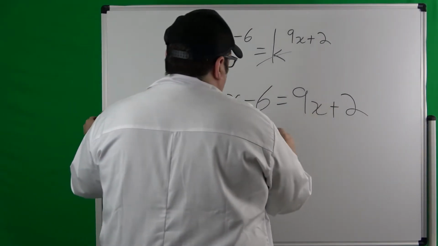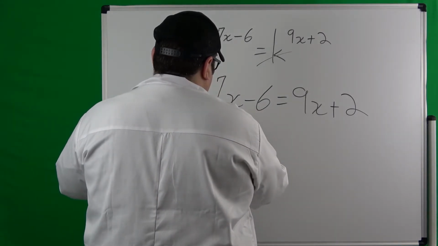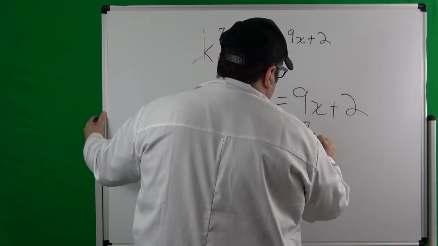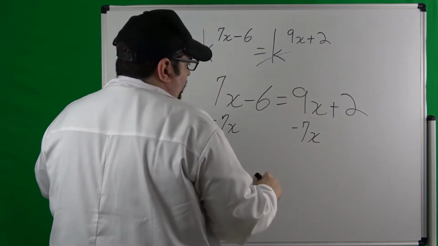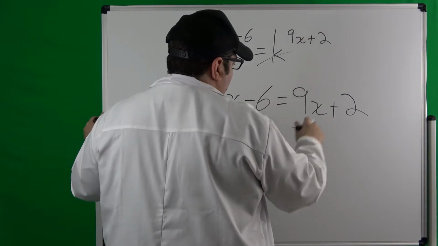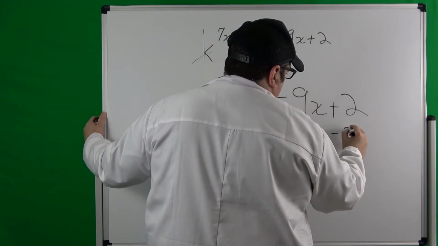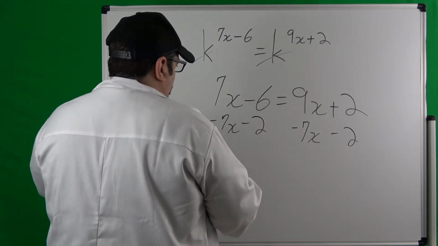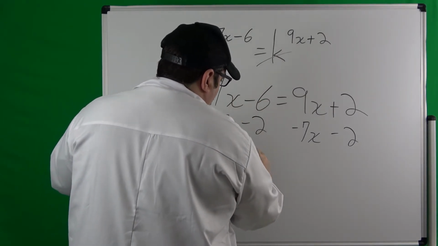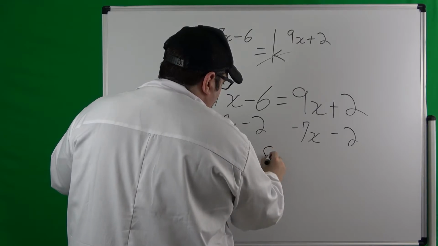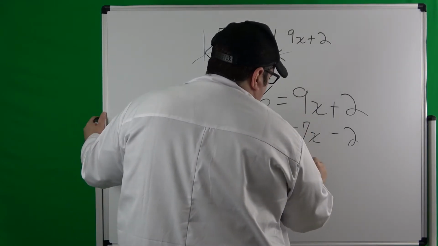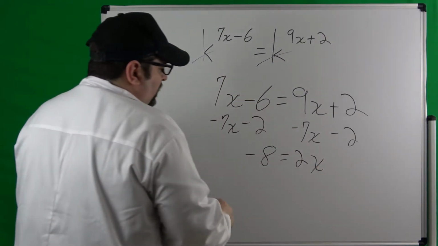I'm going to bring the 7x over here. I usually try to keep the variable positive most times, so we'll bring the 7x over here and we'll bring the 2 to the other side. Okay, so negative 6 minus 2 would be negative 8 equals 2x.